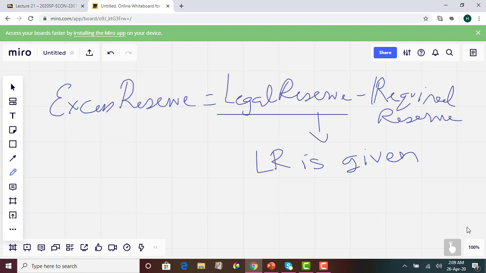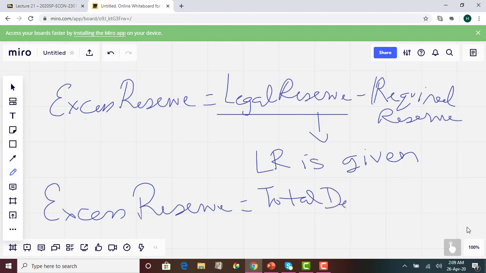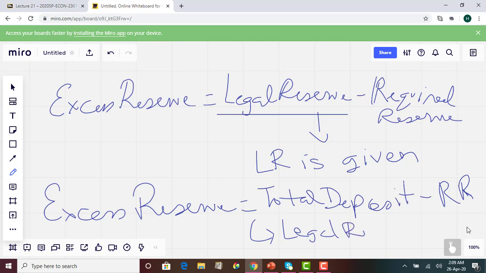Now the other formula for excess reserve is given by total deposits minus required reserve, and we use this when legal reserve is not given. So remember these two formulas.